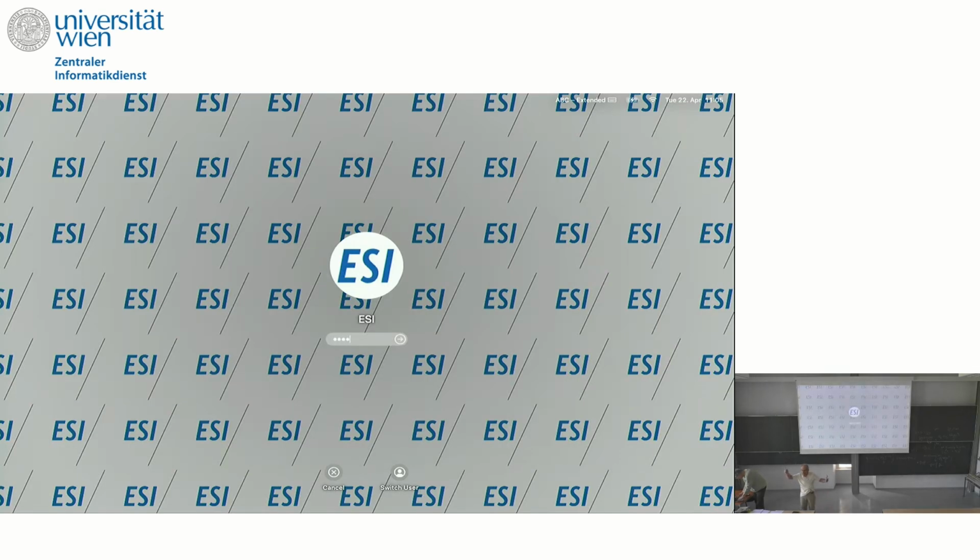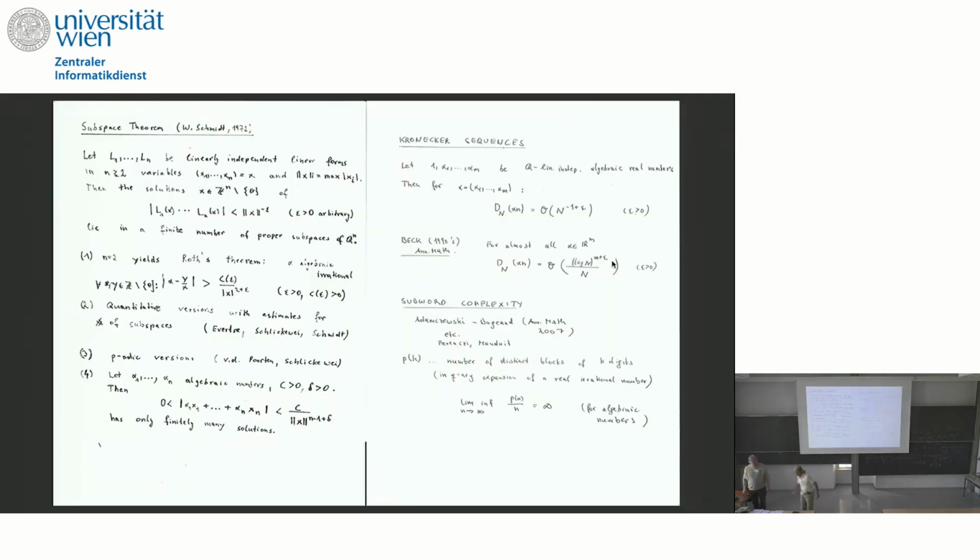And by means of the subspace theorem, it's possible to prove this result, that the lim sup of p of n over n is infinity if the number is an irrational algebraic number.